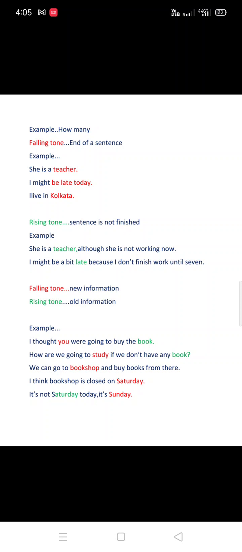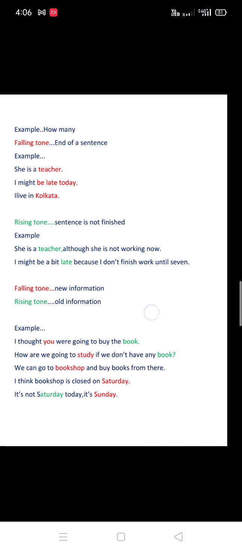So, she is a teacher although she is not working now. I might be a bit late because I don't finish the work until 7. So it's very simple, and there are some other rules also we will discuss.